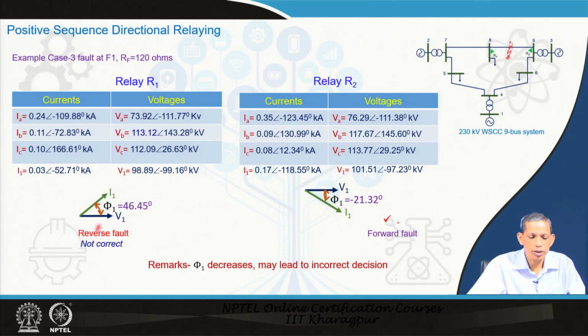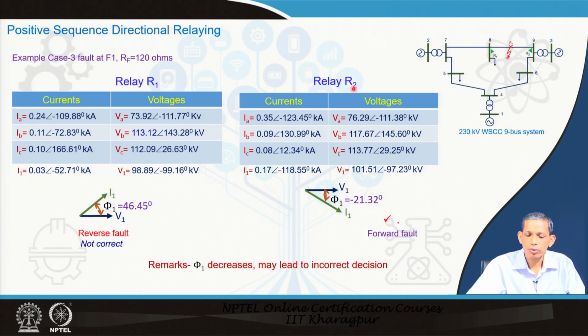So, this reverse fault is seen because phi 1 is positive, which is incorrect, erroneous, and the reason being that we have only increased the fault resistance, and that is why it is coming out to be a positive value, and then there are also pre-fault currents in the system.